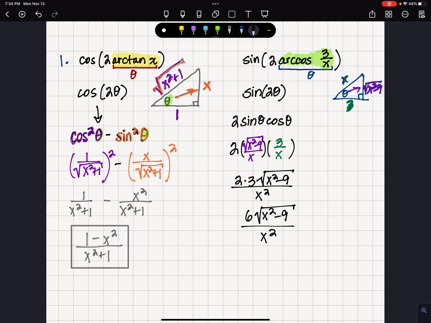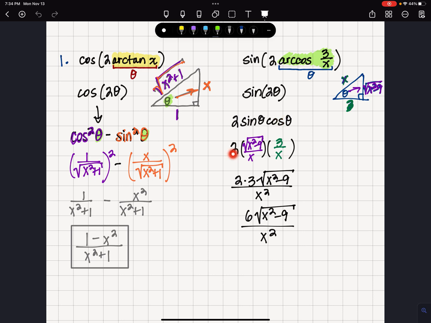And this looks a little strange to me, so I'm going to make sure that I've done this right. Let's see, I've got arc cosine of 3 over x. So that's going to be the adjacent side over the hypotenuse. And then the opposite side would be c squared minus a squared, all under the radical. That works. And then the sine of 2 theta is 2 sine of theta cosine of theta.